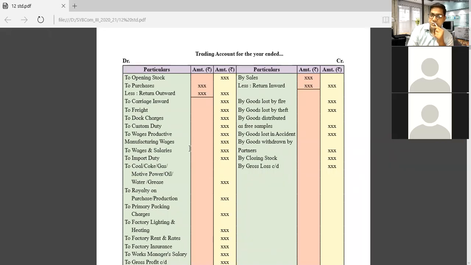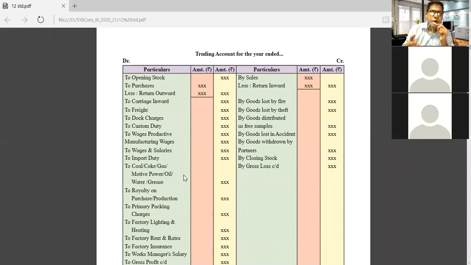Manufacturing wages, wages and salaries, import duty, coal, coke, gas, motive power, oil, water, grease, royalty on purchase, royalty on production, primary packing charges, factory lighting, heating, factory rent and rates, factory insurance, works manager salary.